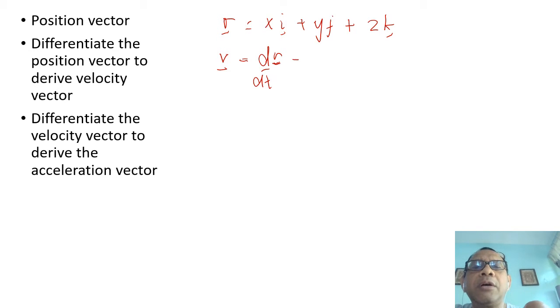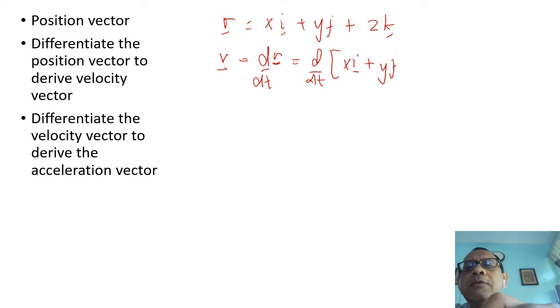We can now start to differentiate the whole term x i plus y j plus z k. As these terms are all products, we can differentiate them one at a time.